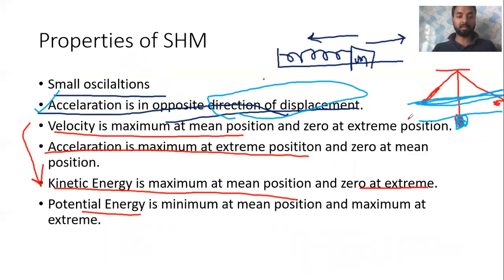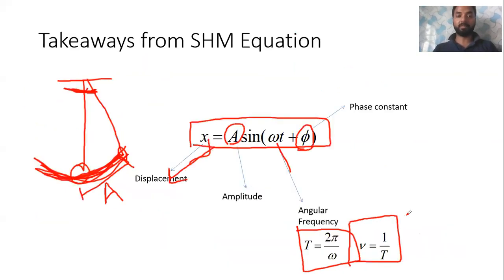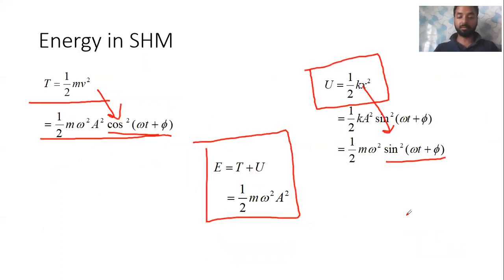Then we discussed the properties of SHM and saw the derivation of SHM. Here we calculated the amplitude, phase constant, instantaneous displacement, the standard equation of SHM, velocity of the particle and the acceleration on the particle. Then we saw the major takeaways from the SHM equation and derived the energy.